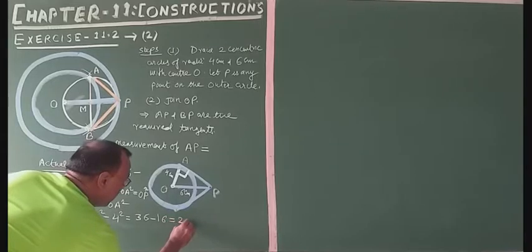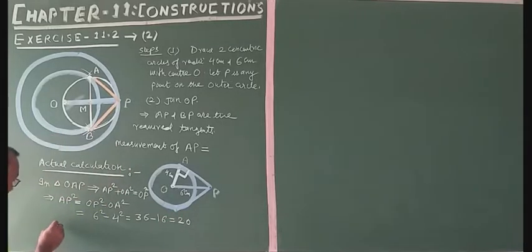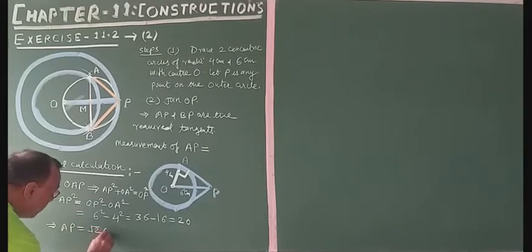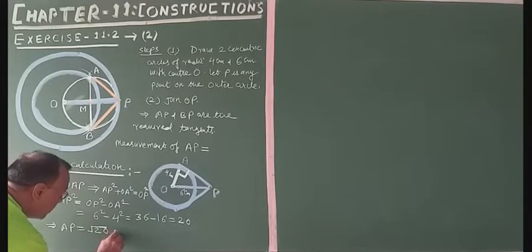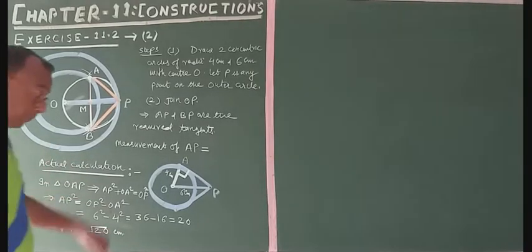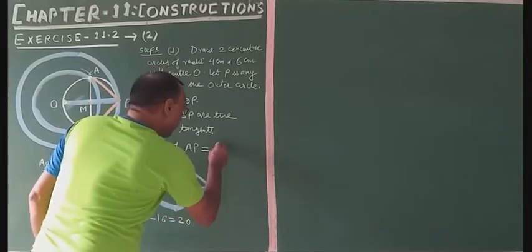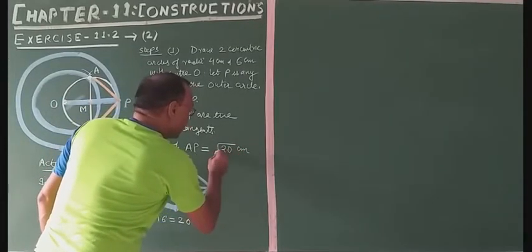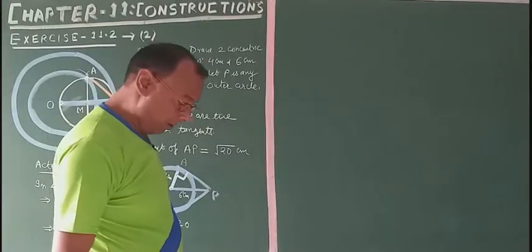That is 20. So AP will be square root of 20 centimeter. So the length is square root of 20 centimeter.